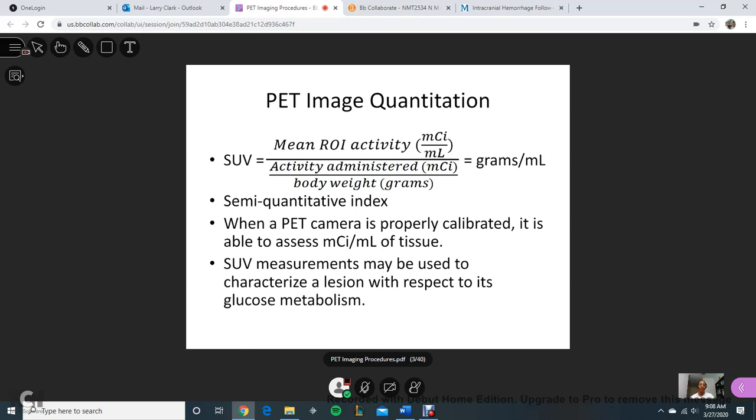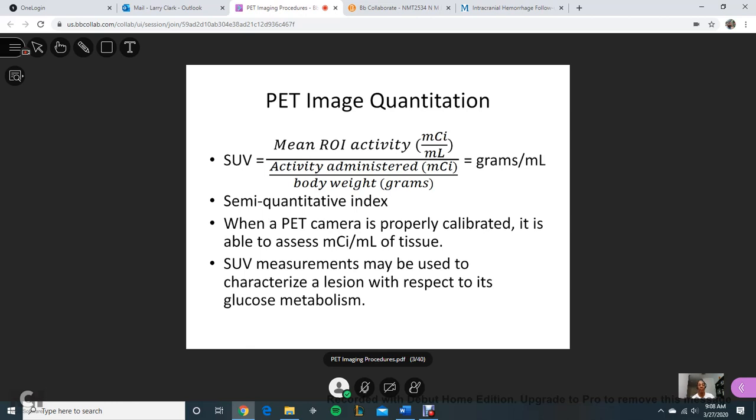When a PET camera is properly calibrated, it is able to assess the millicuries per milliliter of tissue. You also need to account for your dosing: you take what you actually withdrew and what you gave to the patient, and then you subtract the difference.